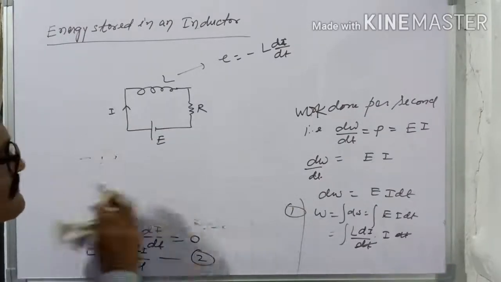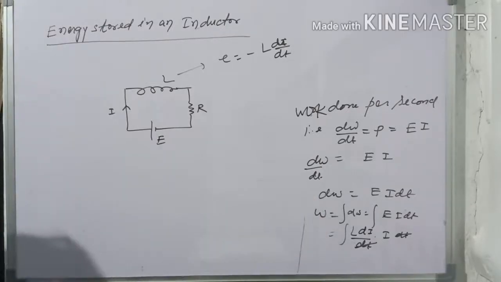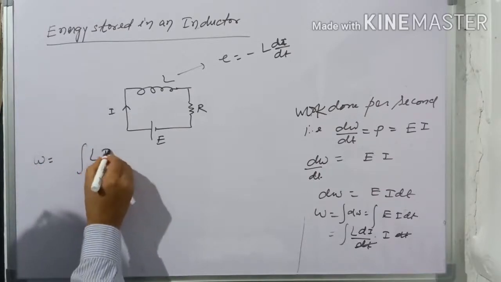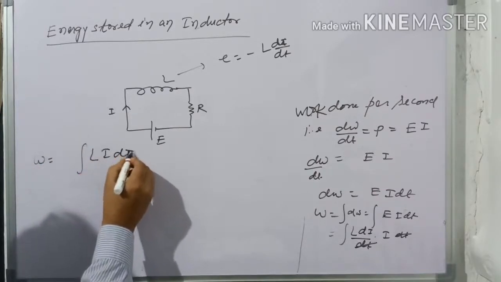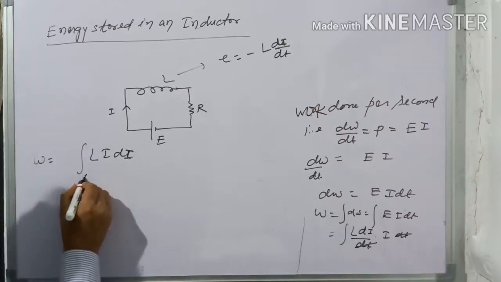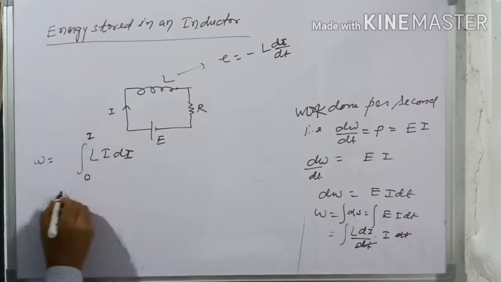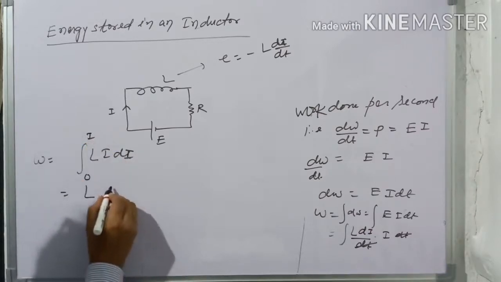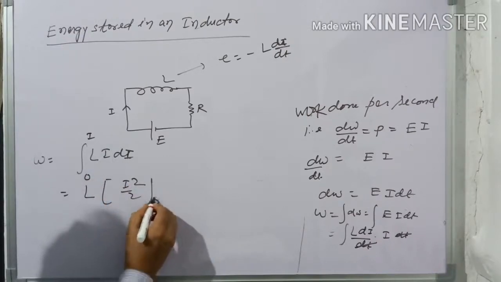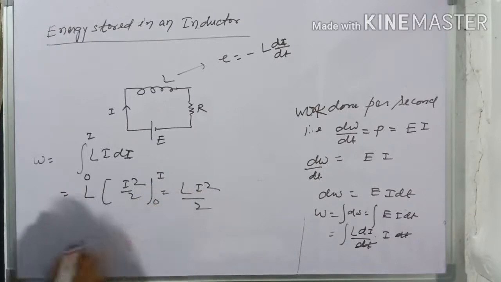Now the work done is equal to L I di, and the limit of this I is from 0 to I. L is constant, and the integration of I is I square by 2 from 0 to I, so it is L I square by 2.